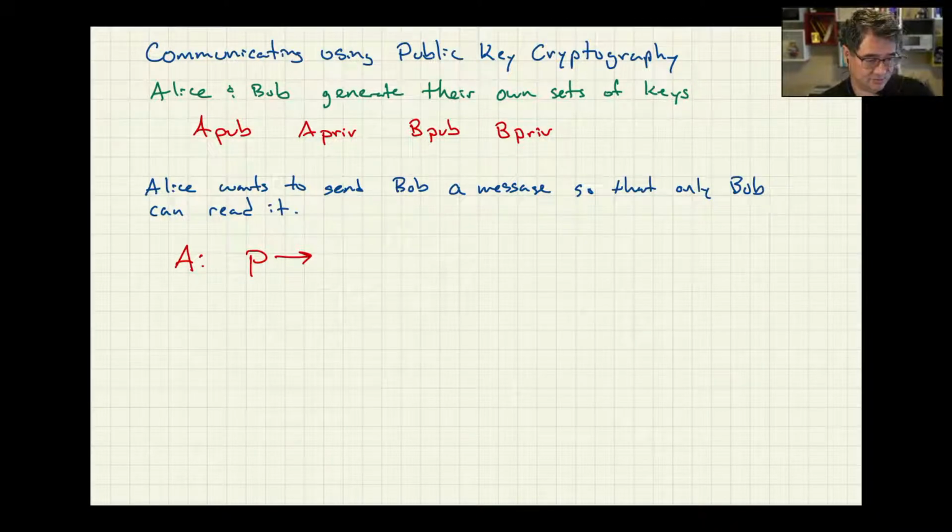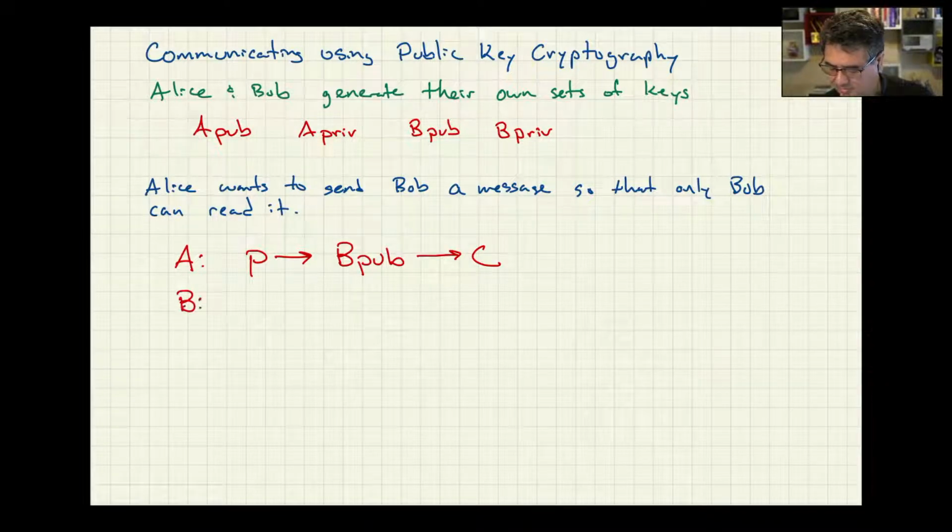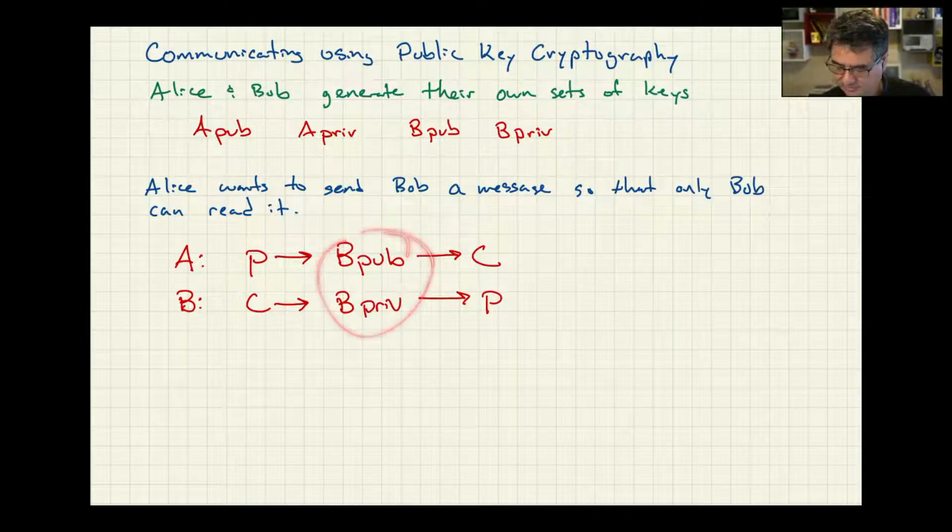So she uses Bob's public key and derives a ciphertext from that. And then Bob takes that ciphertext and runs it through which key in order to decrypt it and get the plaintext back? His private key. Good, his private key. Because these go as a pair. So if you're going to encrypt with one, you've got to decrypt with the other.